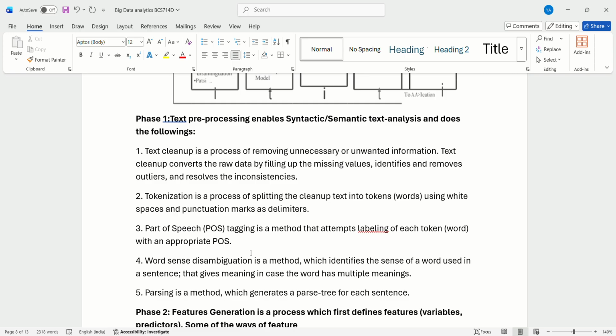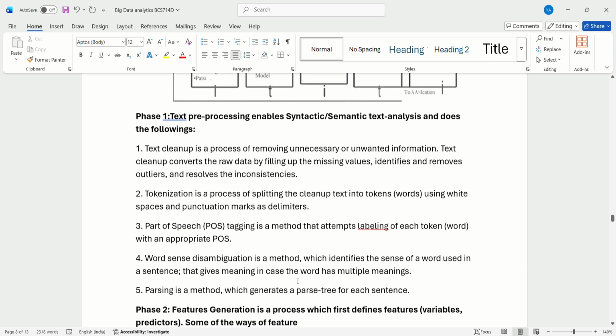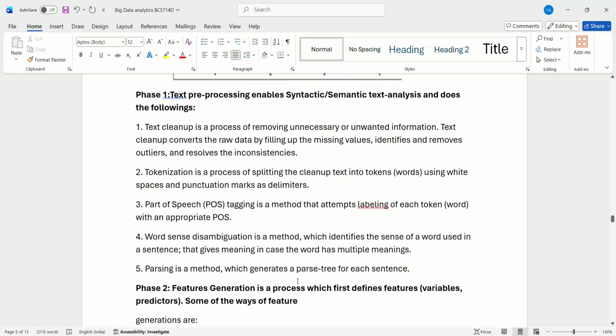Next is word sense disambiguation, a method which identifies the sense of a word used in a sentence, that gives a meaning in case a word has multiple meanings. In some cases a single word will have two different meanings. So by analyzing the sentence only, we can come to know in which perspective they have used that word.